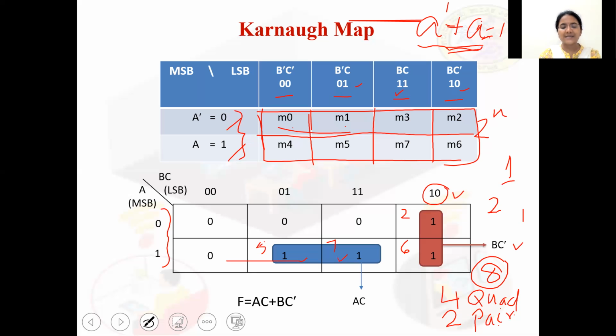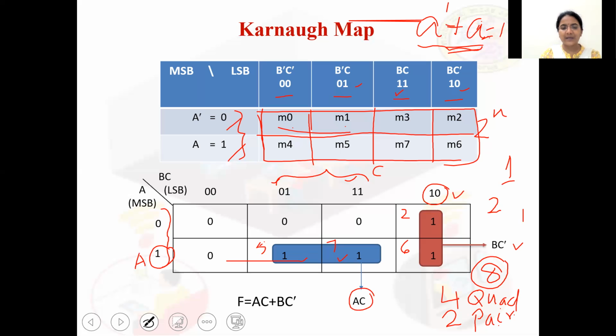Okay. Next, from these two minterms 5 and 7, we are eliminating the variable B, because B is changing from 0 to 1. So from this row, we are having term A, and from these columns, we are getting C. So what is the product term I am having?